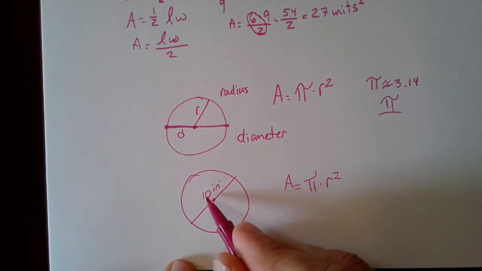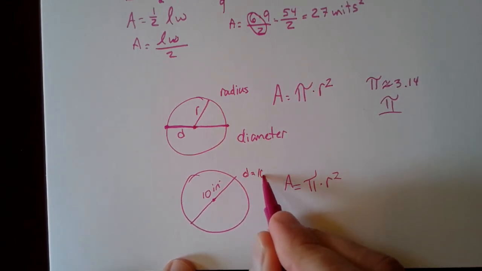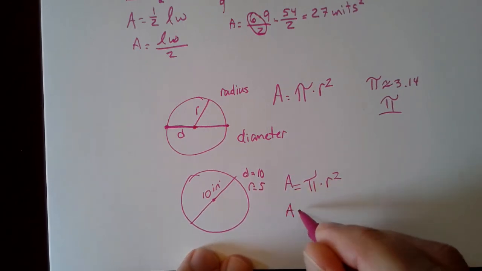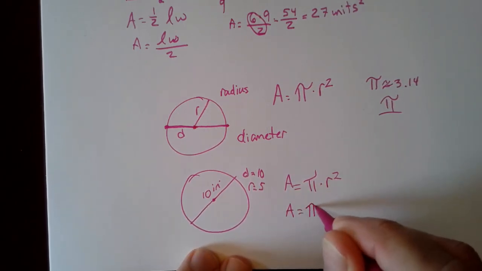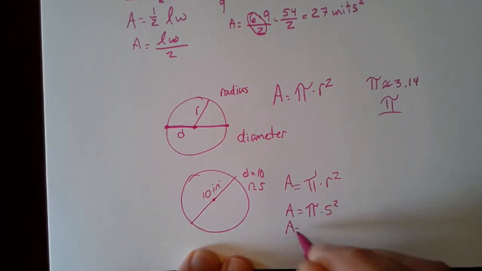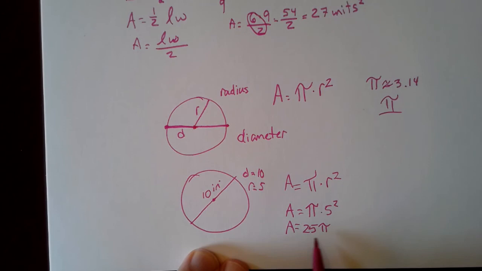My diameter is 10, as I mentioned. So the radius, if the diameter is 10, has to be half of that, which is 5. So the area will be pi times 5 squared. I do 5 squared, and I get 25 times pi. This 25 pi is the answer in terms of pi.